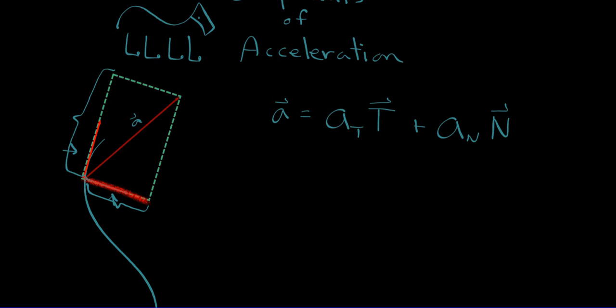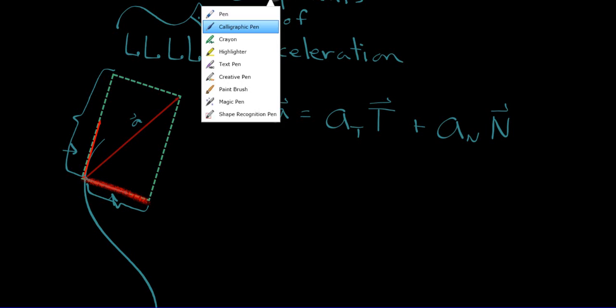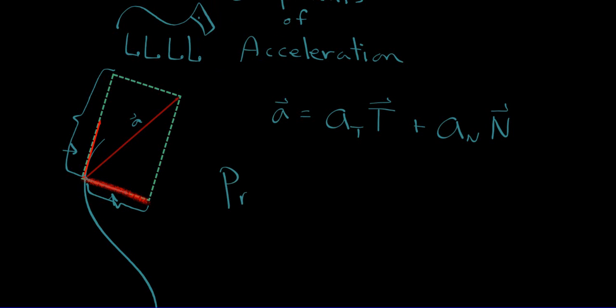Now, let's go through this, and I think you'll see how things work out here. What I want to do is get the projection of acceleration onto the velocity vector.